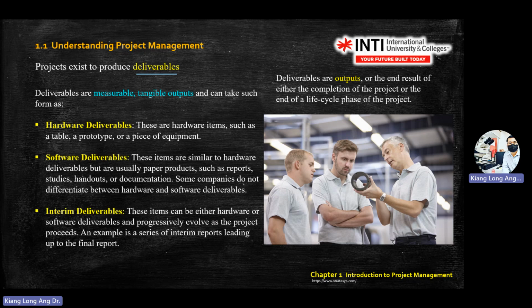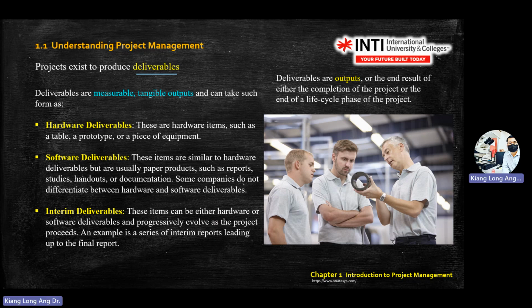You have a few types of deliverables or output: hardware, software, and interim. Hardware is very direct. For example, a prototype, a piece that you can touch and sense.